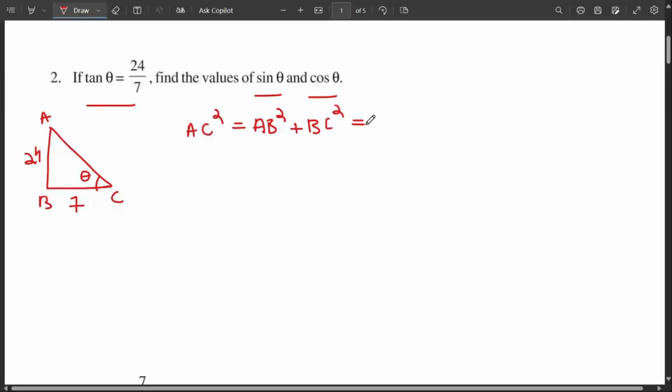AB is equal to 24, so 24 square, and BC is nothing but 7 square. So 24 square is equal to 576, plus 7 square is equal to 49. If you add 576 plus 49, the answer that you will get is 625.